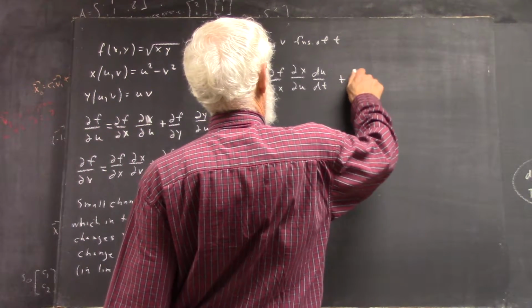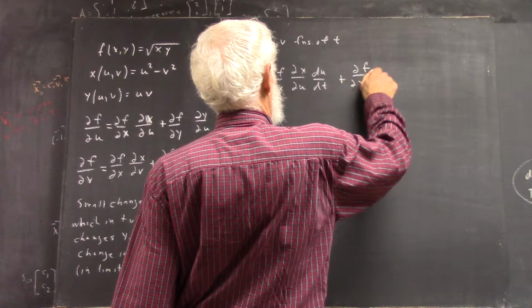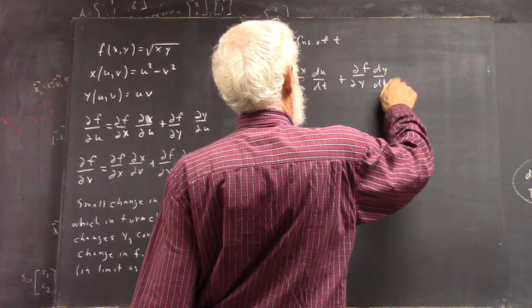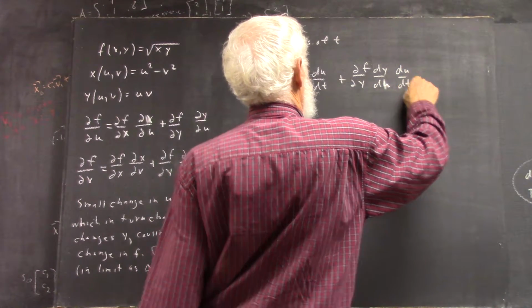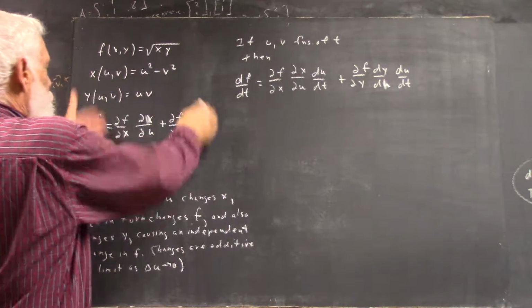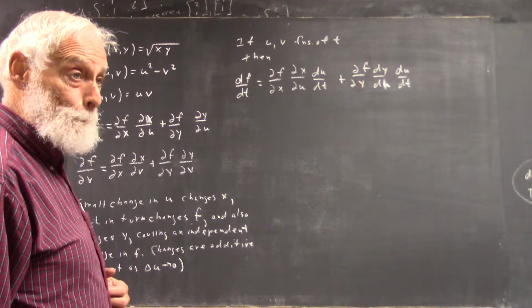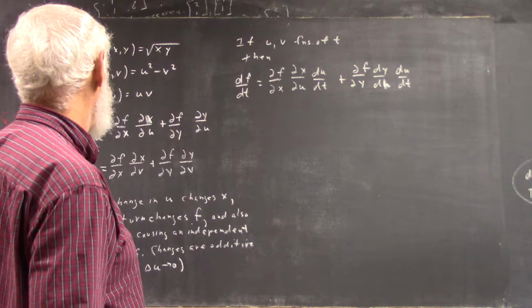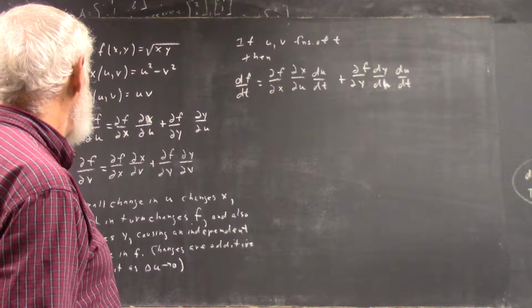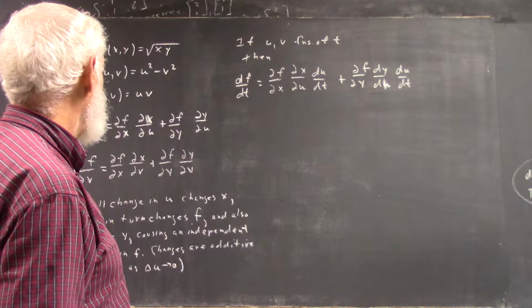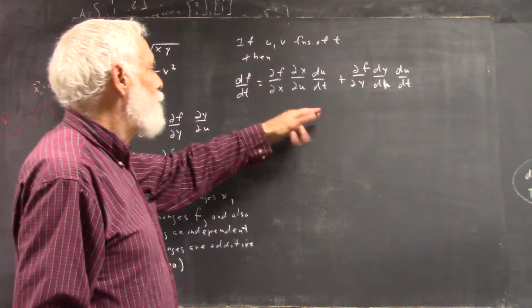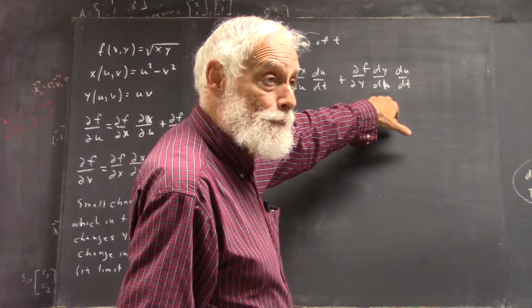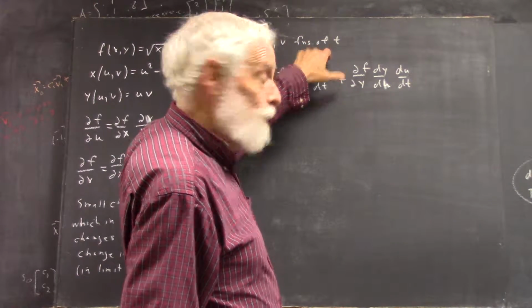And then, of course, you do the same thing, and of course, you could have just factored the whole thing out, all this times du dt, right? Okay, df dt is this. This is the change due to changes in u, right? T drives u. T also drives v.